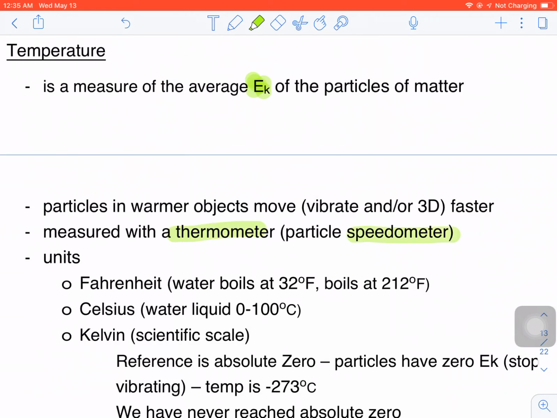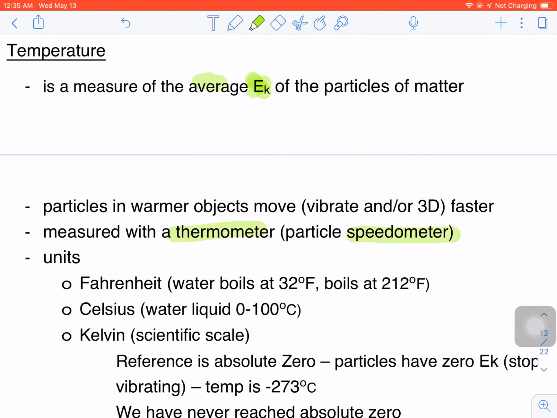Right? I call it a particle speedometer. And ultimately, all my thermometer is doing is measuring the speed of those particles. Now, some particles will be moving faster in matter, while some particles are moving slower in matter, so it actually measures the average kinetic energy of the particles in matter.